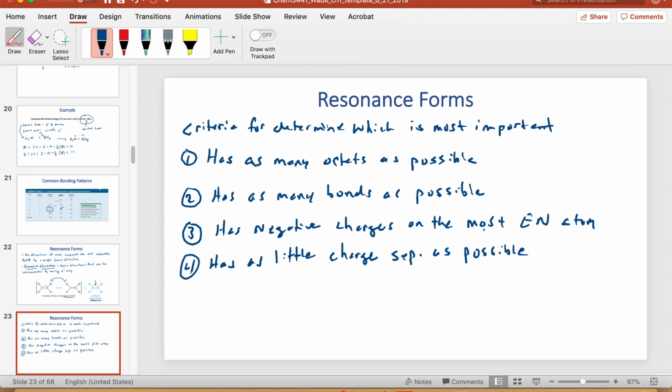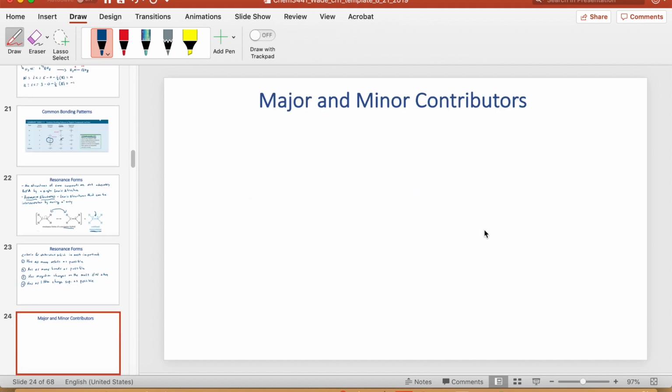So these are the things we can look at when evaluating resonance forms. Here I have an example for you. Let's look at formaldehyde again. The question in this molecule is, do I have a possible resonance structure? The answer is yes, because I do have pi bonds and I have lone pairs.